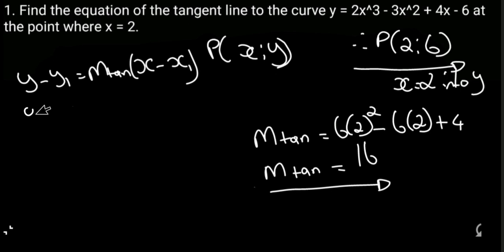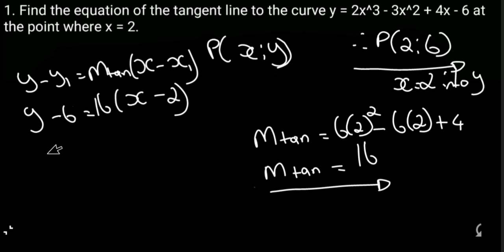So y1 is the y coordinate of this point, the gradient of the tangent is 16, and x1 is the x coordinate of the point, so it's going to be 2.